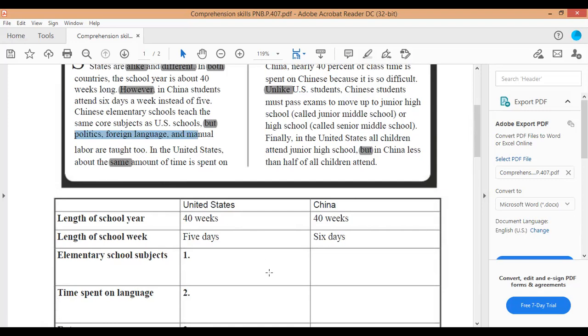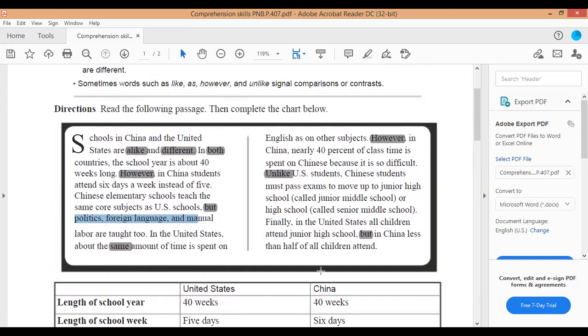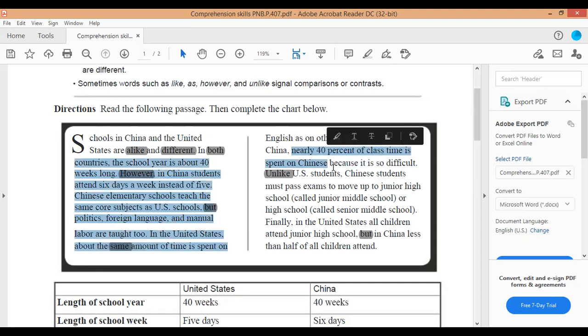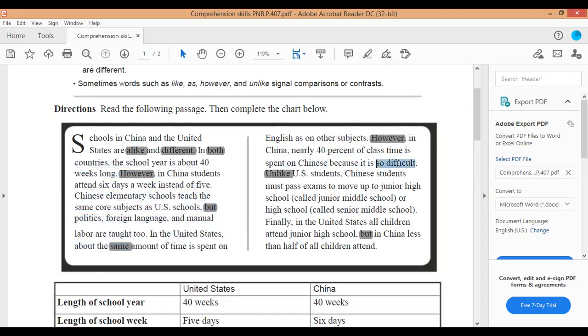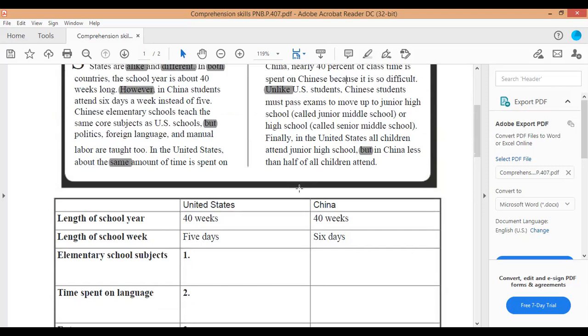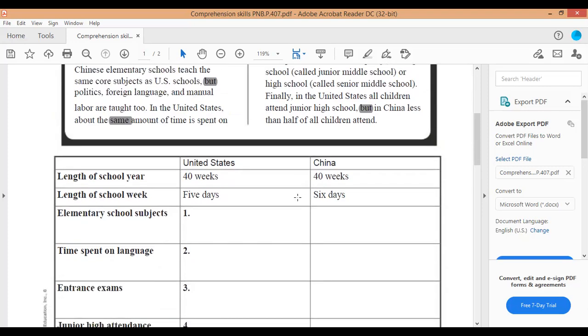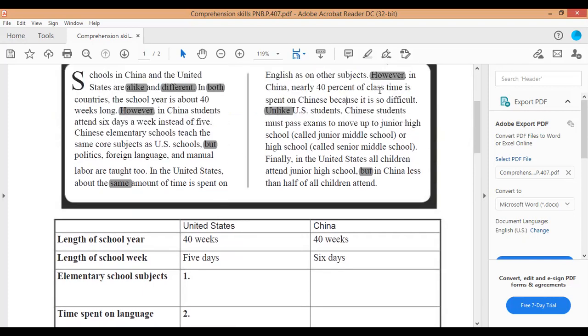But for China, yes, we said what? 40%. We said nearly 40% of class time is spent on Chinese because it's so difficult. Yes, so we can write what here? I will show you the answer after we finish, okay? As usual, as we did before. Yes, we can write what here? 40% of class time is spent on Chinese.